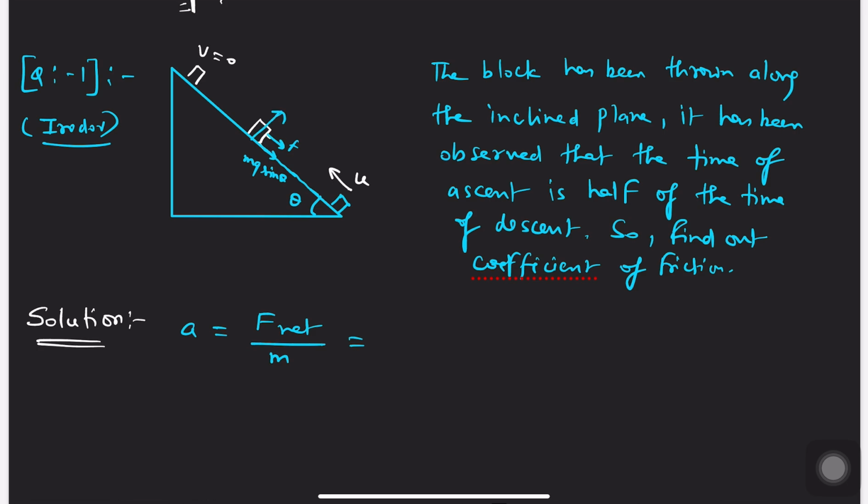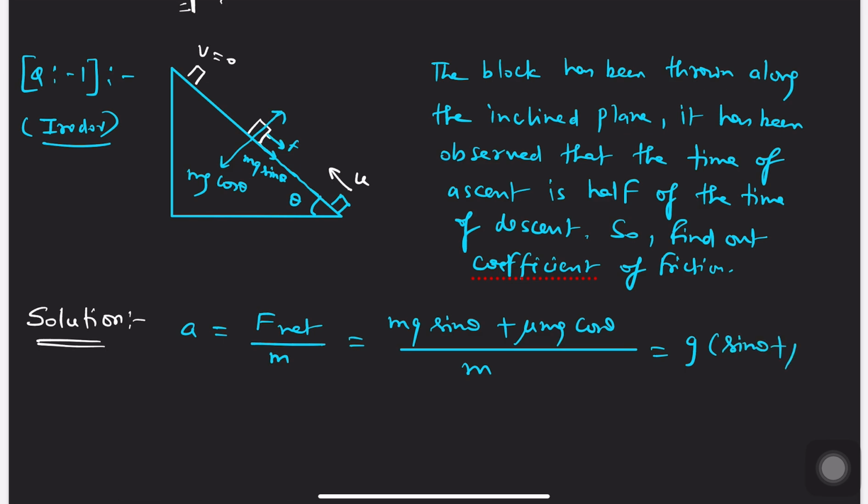So this will be mg sin theta plus mu mg cos theta, divided by m. What we got is g times (sin theta plus mu cos theta).